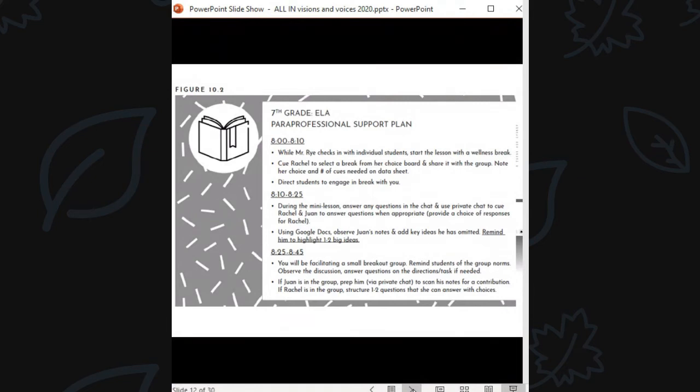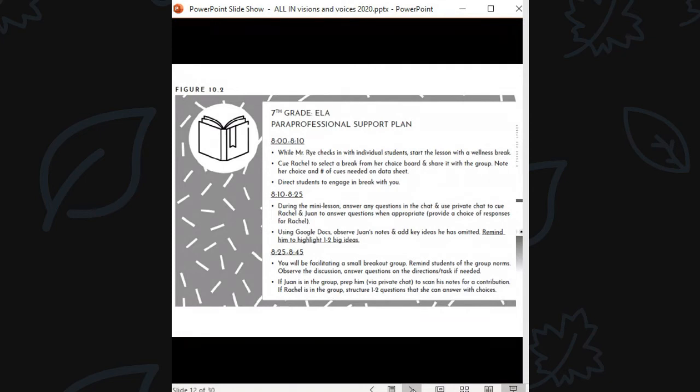So for things like maybe the math structure looks very similar every day, or your morning meeting looks similar every day. And maybe creating a lesson plan that helps you to wring the most out of those roles and relationships as possible. So that in this particular plan, we know that the teacher is going to be checking in with individual students. And now the paraprofessional can start the students off with a wellness break.